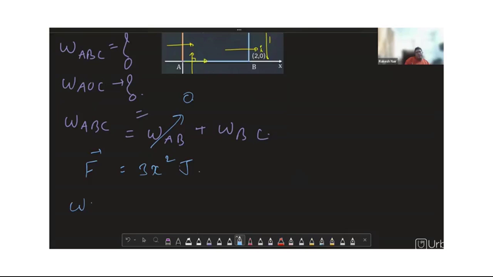Now we need to calculate the work done along BC. The force is 2 i cap plus 3x square j cap.